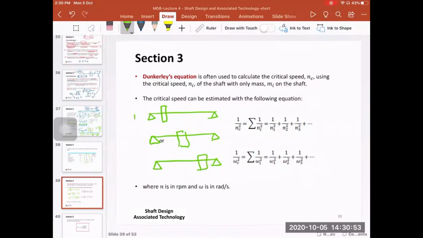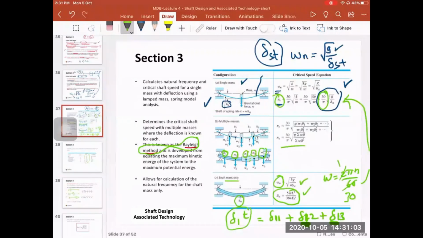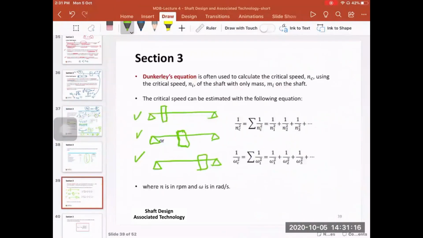Then for each and every case here, you have a single mass, right? So it just means that you can go back here, and then we need to use the first equation. But for the first equation, we need to calculate delta static differently, because delta static here is not, for these three cases, in the middle.